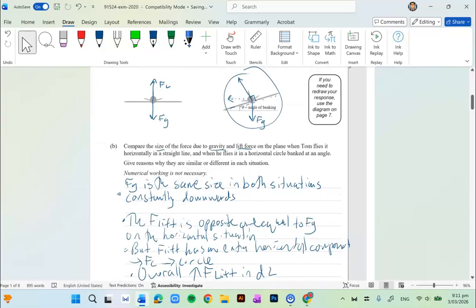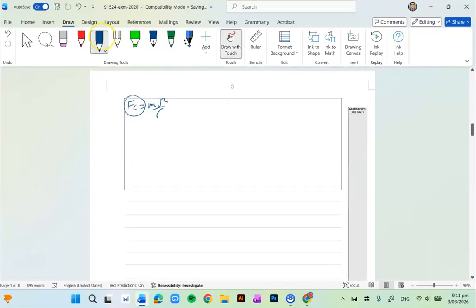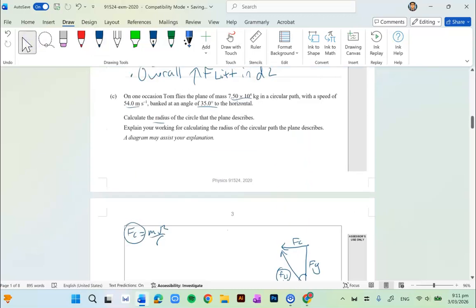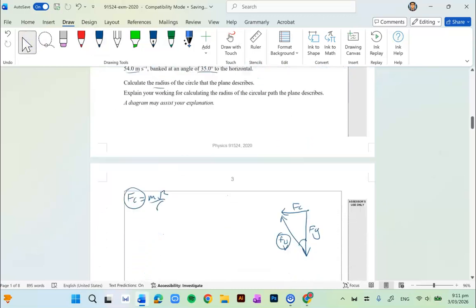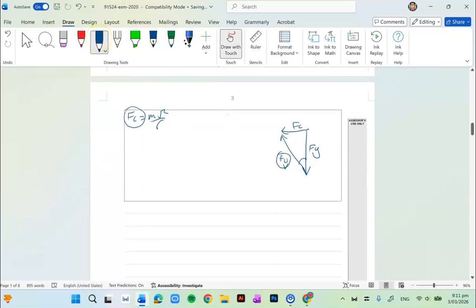So this is my F lift vertical, here's my weight force, FC. We need to find this before we can find out FC. This is our FG. The angle is here, and they gave us the angle, yep, 35 degrees.